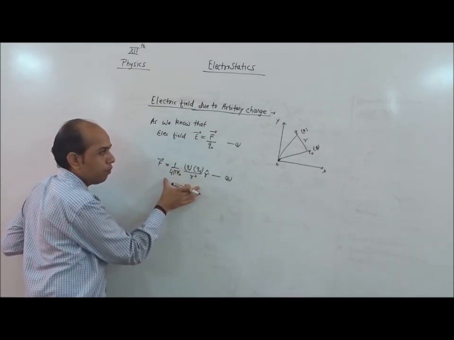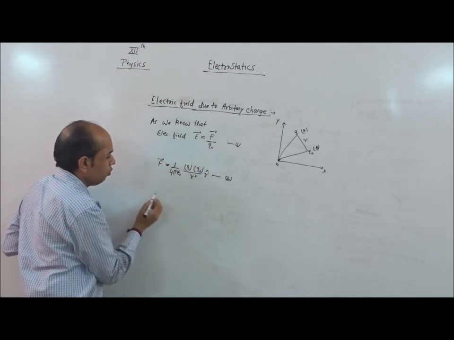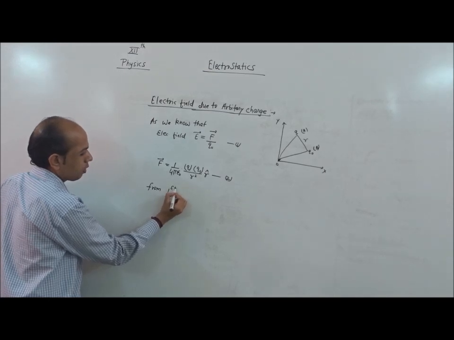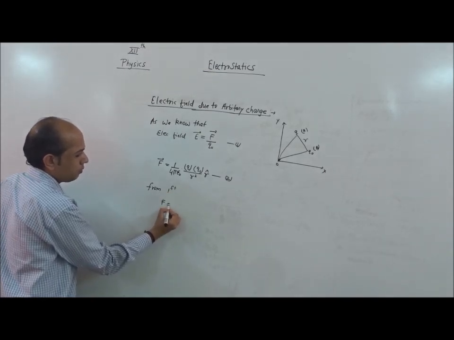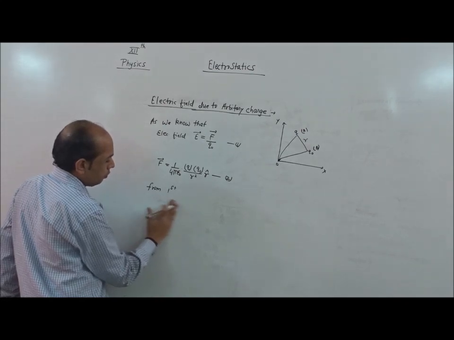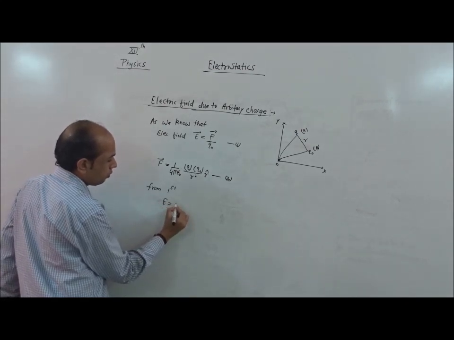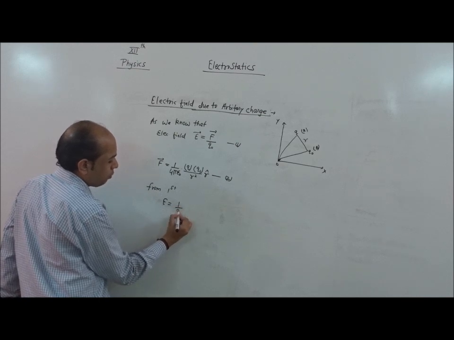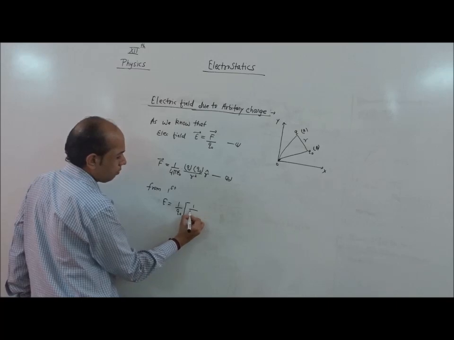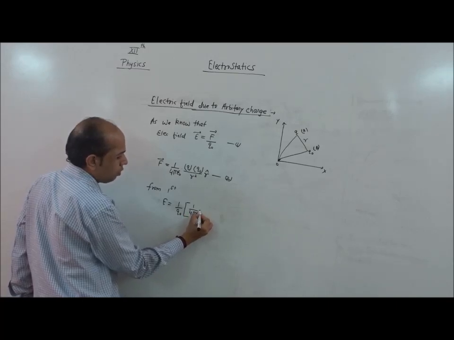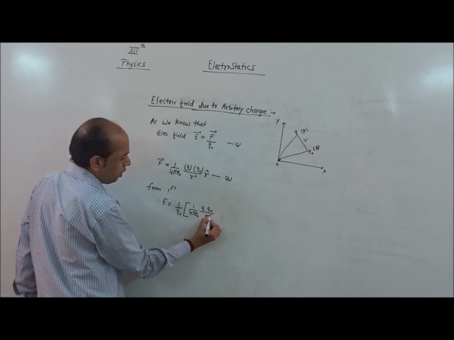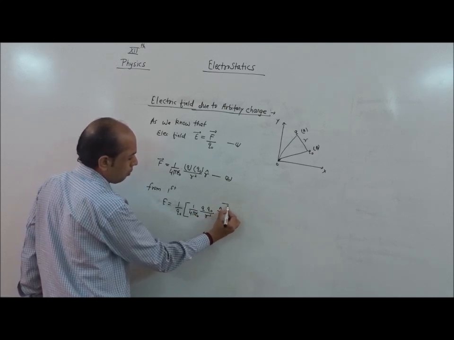So this force is to be divided by Q naught. From first, F is 1 upon 4 pi epsilon. So E is equal to F upon Q naught. So 1 upon Q naught, and F is replaced here by 1 upon 4 pi epsilon naught Q naught, divided by R square with R cap.